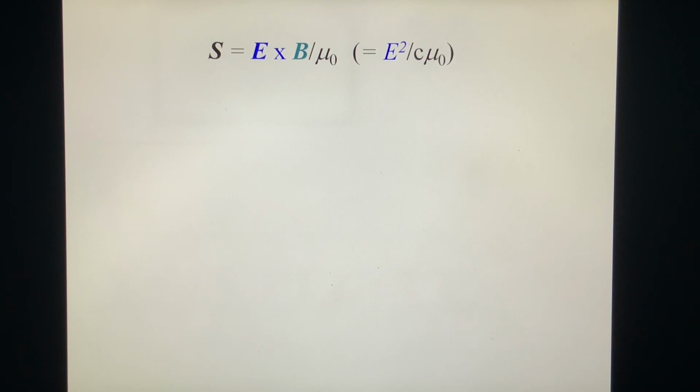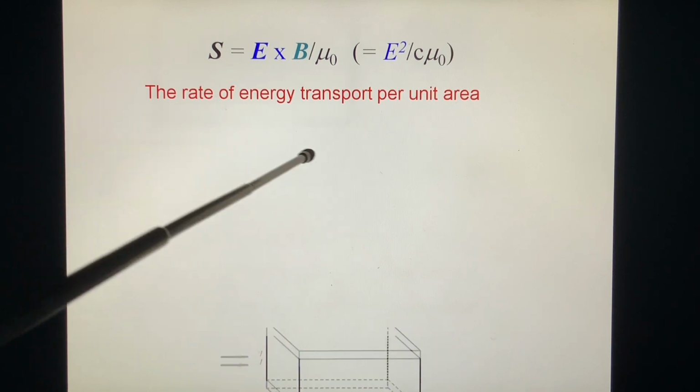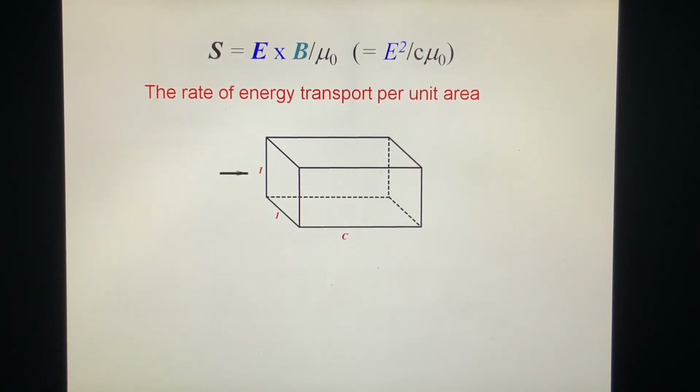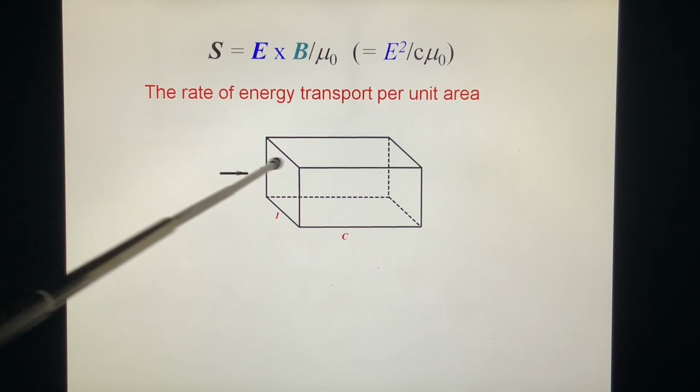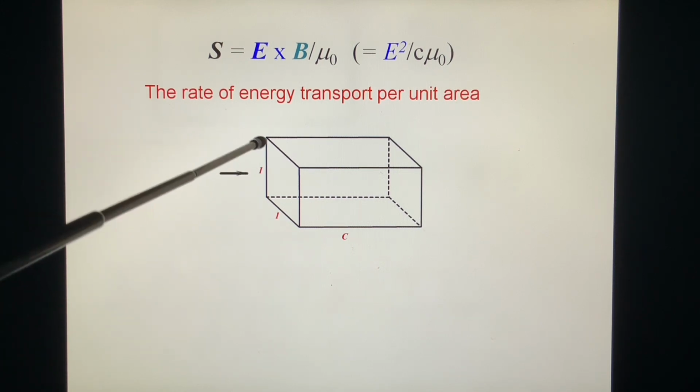Poynting vector. The rate of energy transport per unit area. Look at this one. This is the energy transport per unit time per unit area. Now we look at this as the direction of the wave propagation.